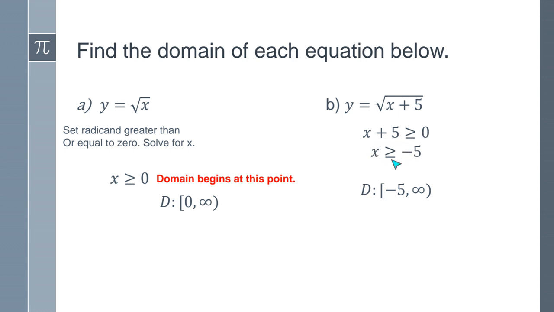And what this is saying is any number that you use for your domain has to be greater than -5. So if I had a -6, for example, -6 plus 5 would give me a -1 in here, and I can't take the square root of a negative number. That's why it's important for it to begin at -5. So it's going to go from -5 to infinity.